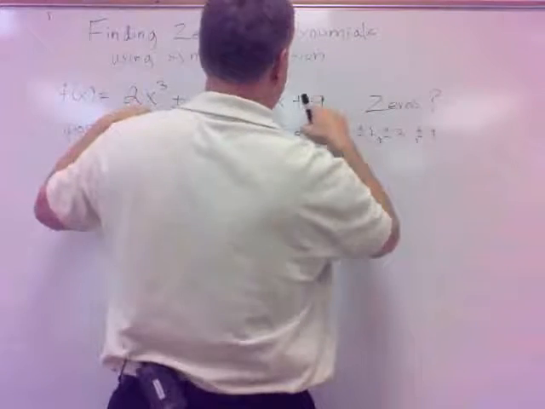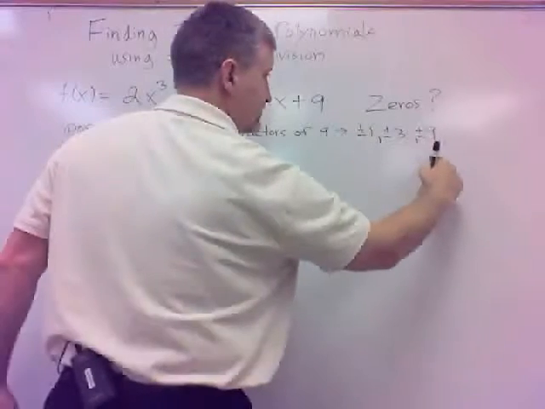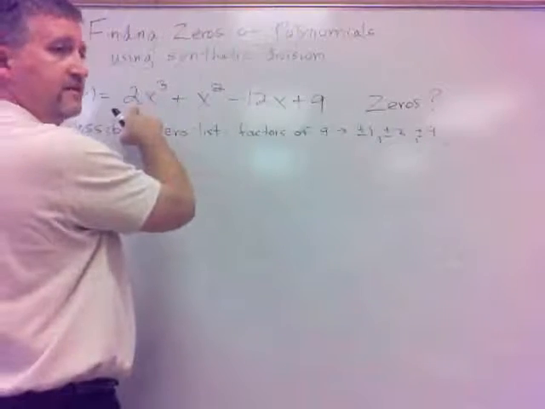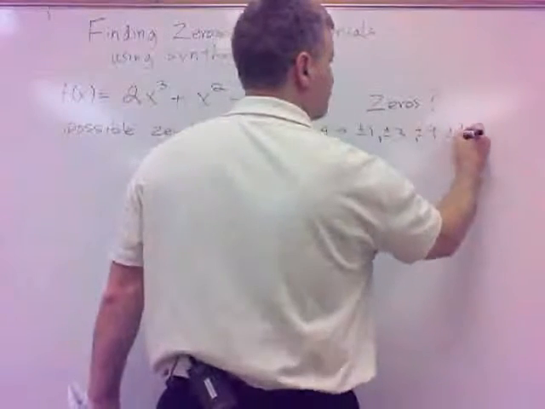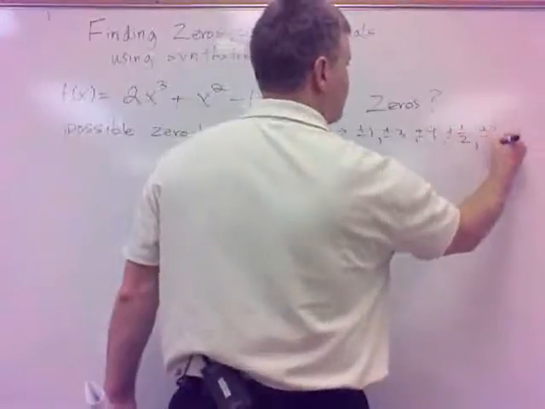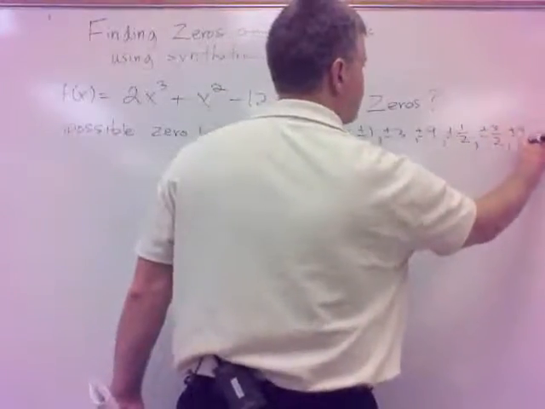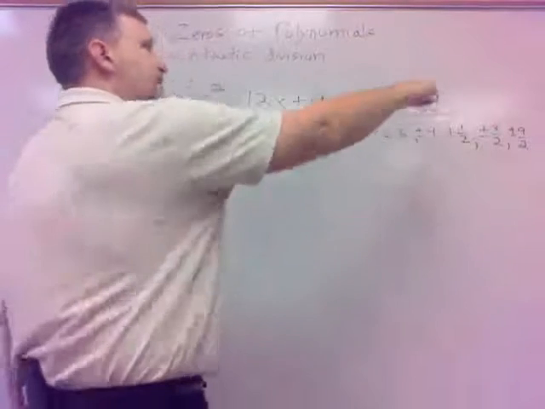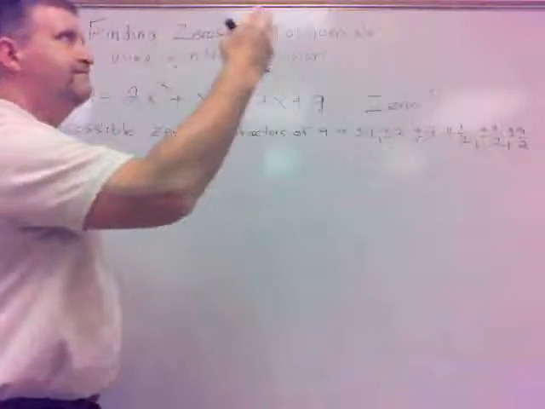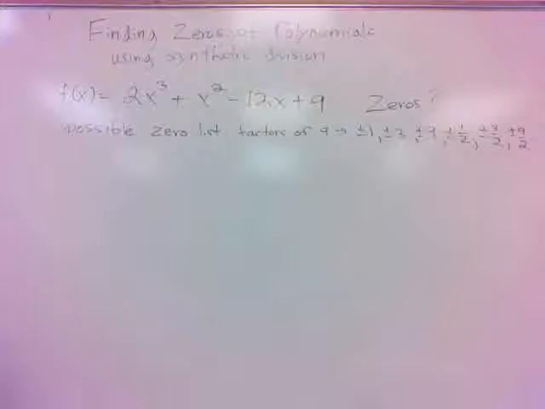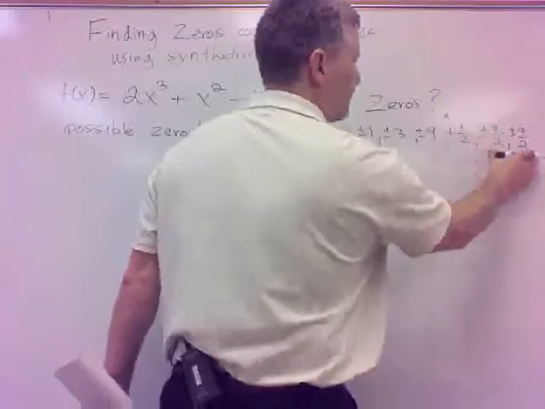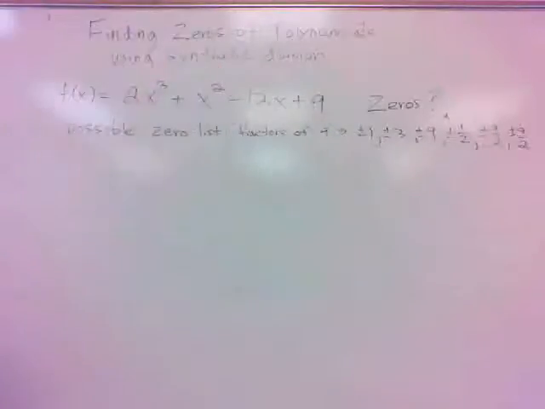Here's what I mean. If I take the factors of this divided by 2, basically. So that's factors of the constant. Sometimes they list it as P over Q or something like that. Those are also potential factors which, like I said, you don't usually have to get into the fractions, but that's how you can get the fractional potential factors.